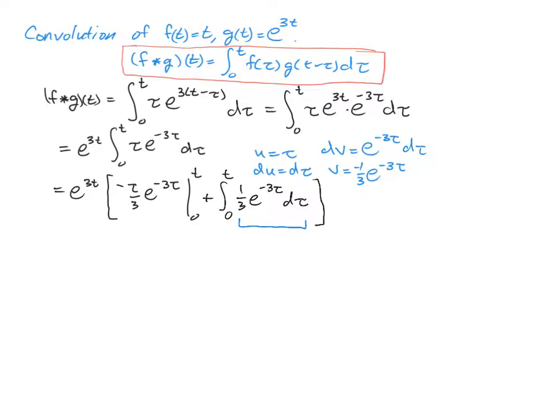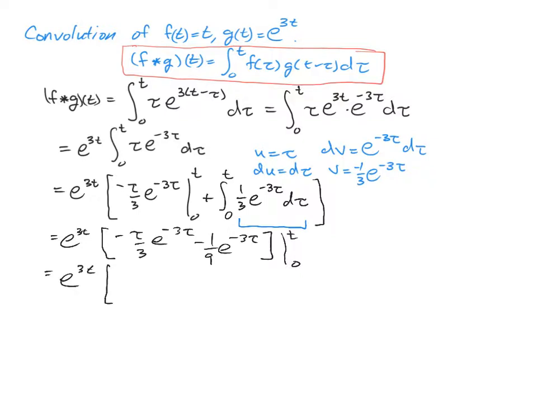So piecing this all together, we've got e to the 3t times negative tau over 3 e to the negative 3 tau minus 1/9 e to the negative 3 tau. And again, this whole thing evaluated from 0 to t. And so when we finally calculate this, we're first going to replace all of the tau's with t's.